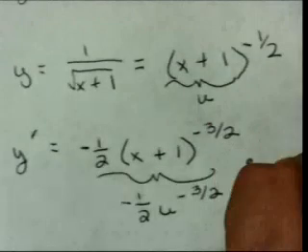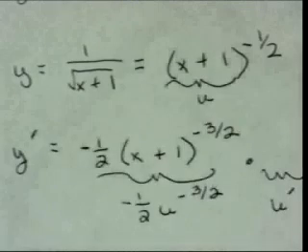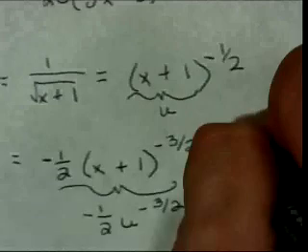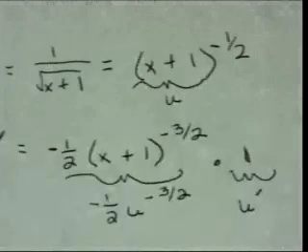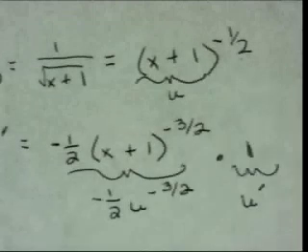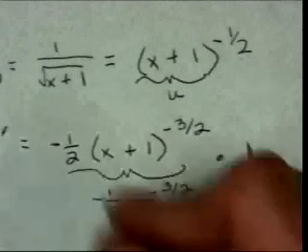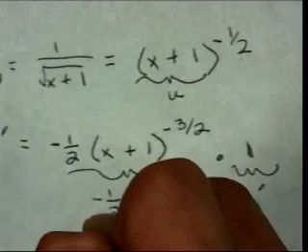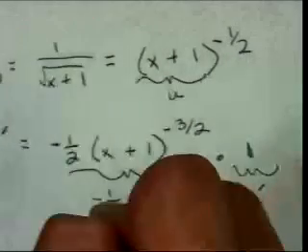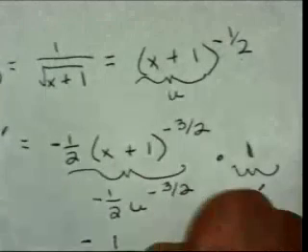The derivative of x plus 1 is just 1. Negative 1/2 minus 1 is negative 3/2. So I would write this as negative 1 over 2 times x plus 1 to the negative 3 halves.